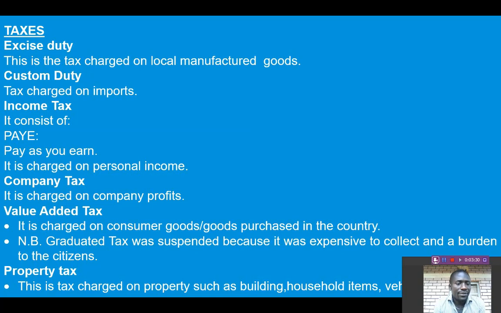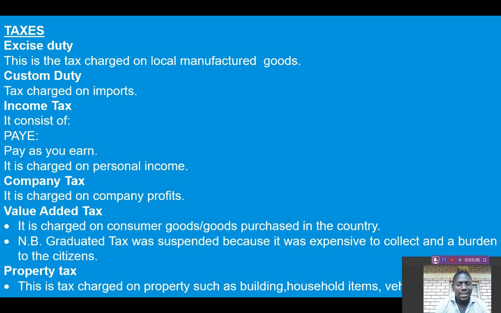Then we also have income tax. The income tax consists of the following. One is PAYE, a short form of Pay As You Earn, and it is charged on personal income. Salary earners, people who earn a salary from the government and the private sector, are supposed to pay this money as part of their tax.